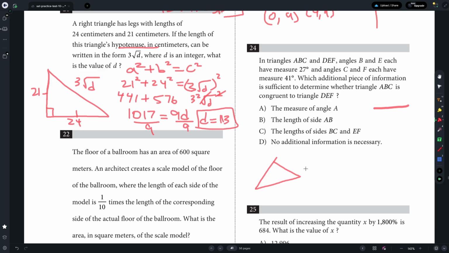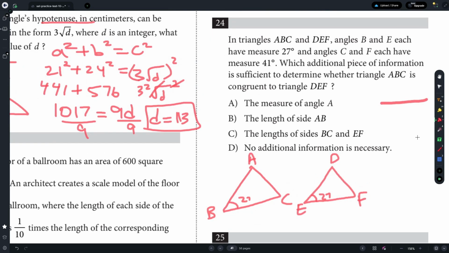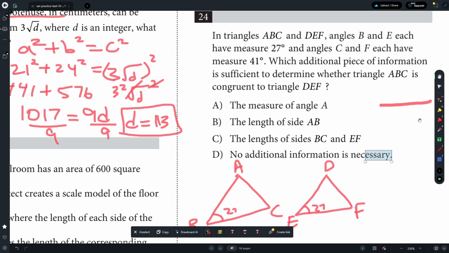It's not really an accurate drawing, but let's just go along with it. Okay, so B and E are 27, 27. And F and C are 41 degrees. So 41.